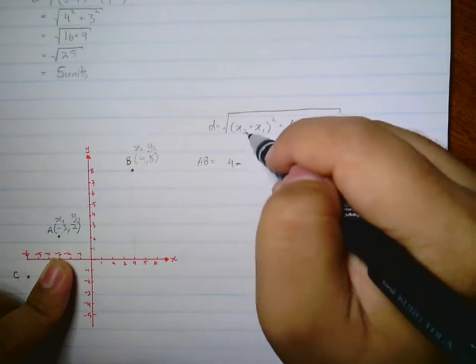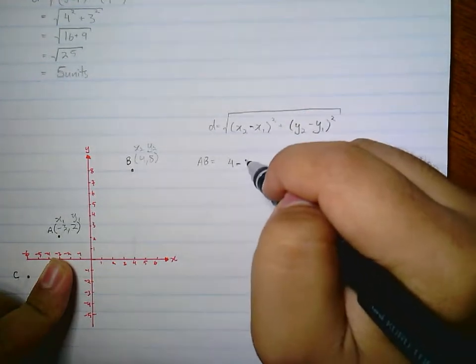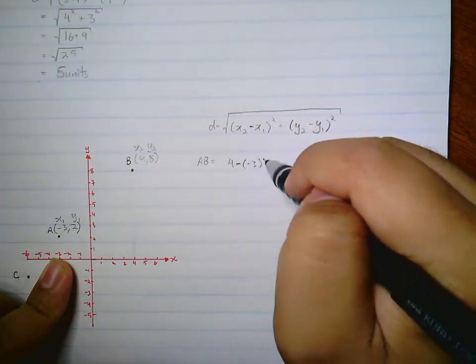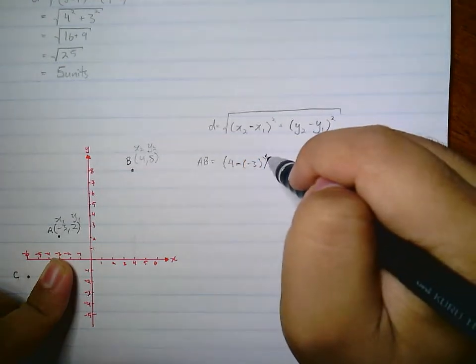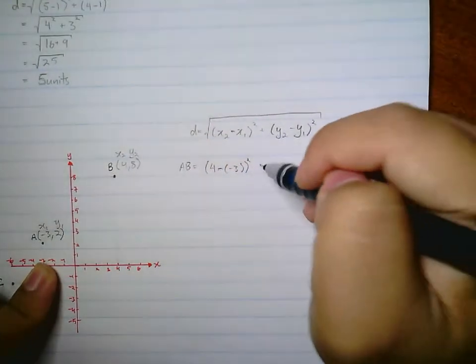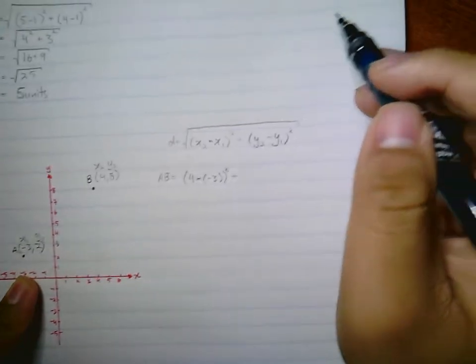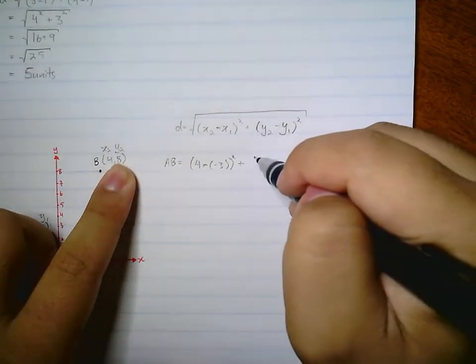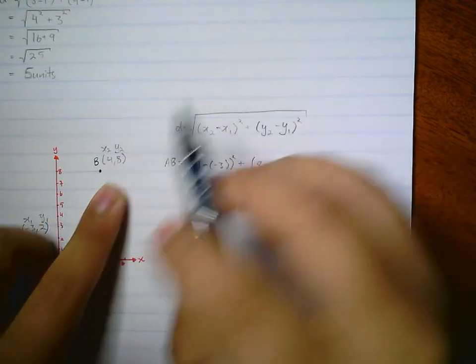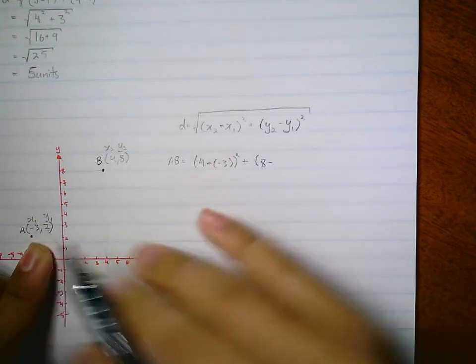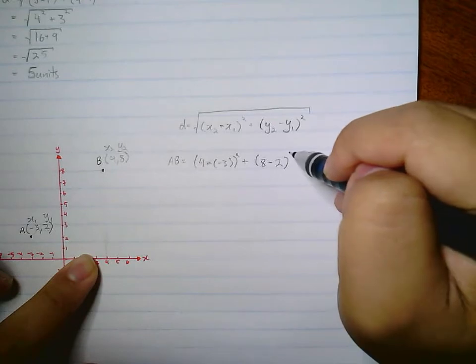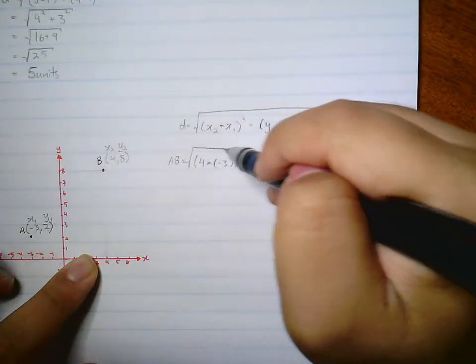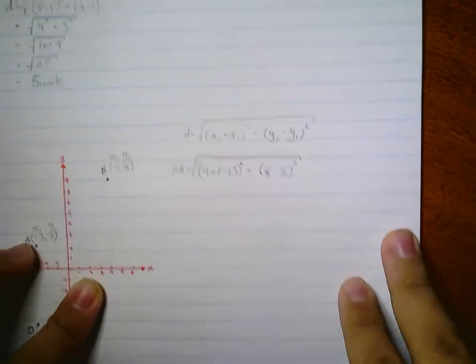So it's going to be 4 minus -3 all squared plus y2, which is 8, minus 2 squared, and we're going to square root everything here.